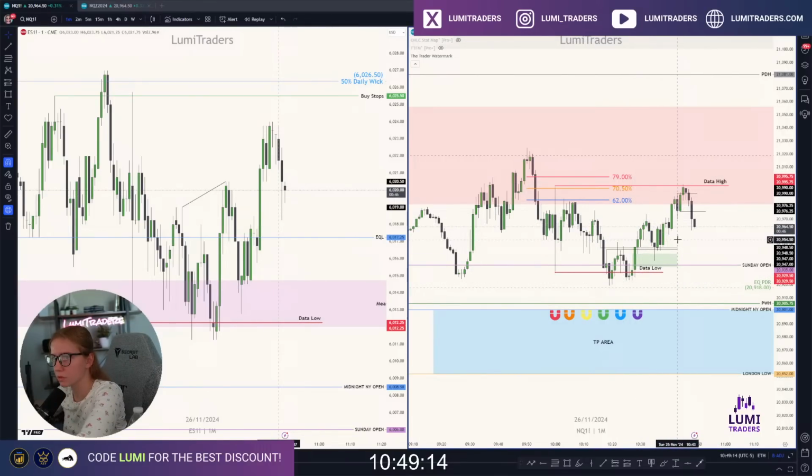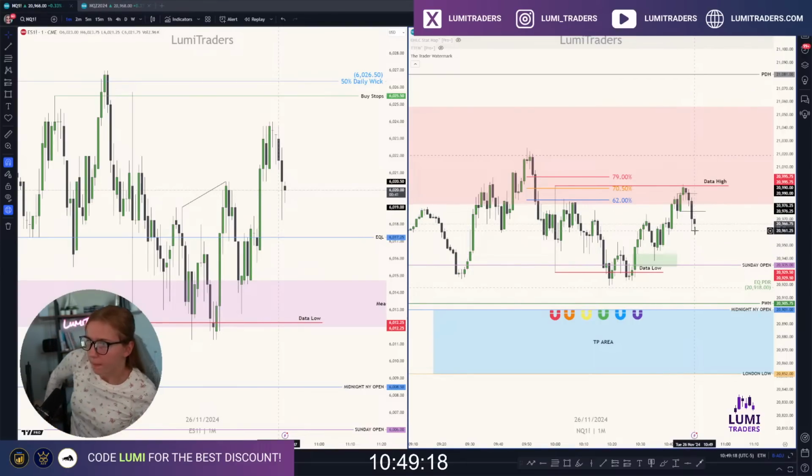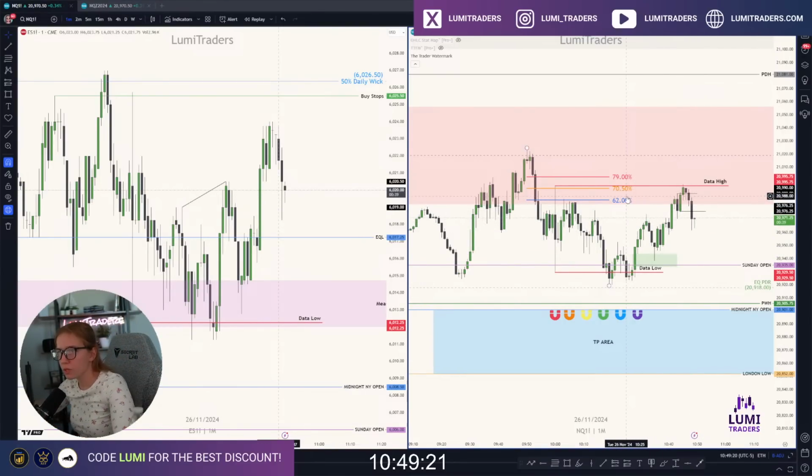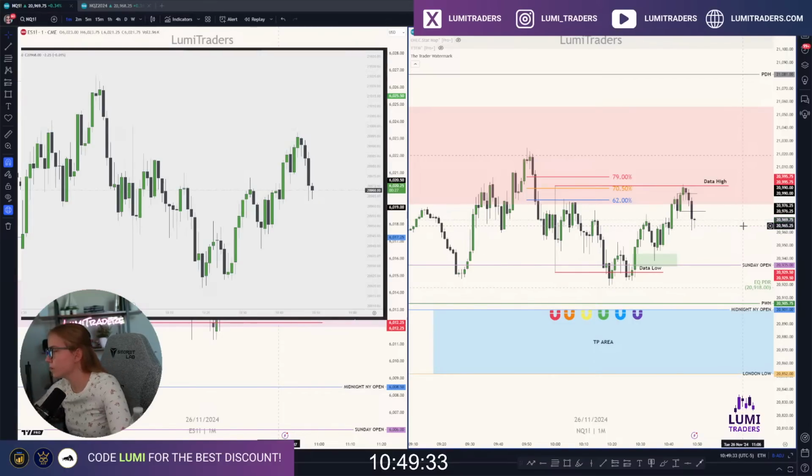Let's delete some levels. I don't need this. So we got 62%, we got a retracement to this data high, 62%. It just offered this OB. Now the question is if it wants to be a twin setup for short. Nothing I like yet. It just formed this OB.